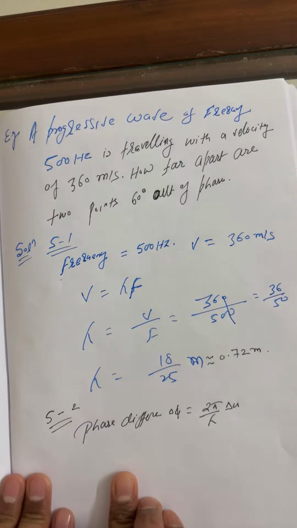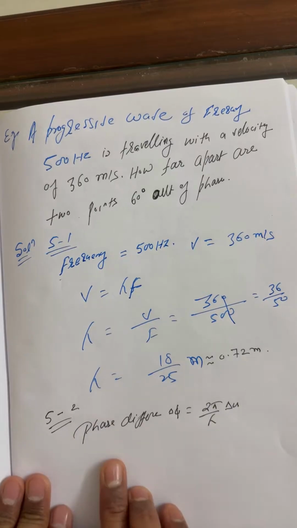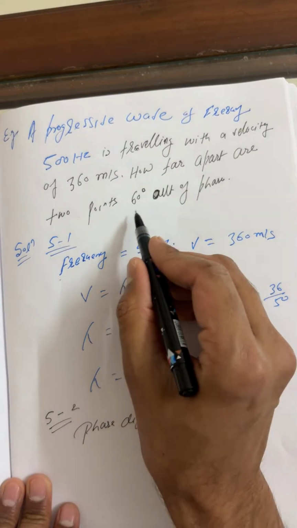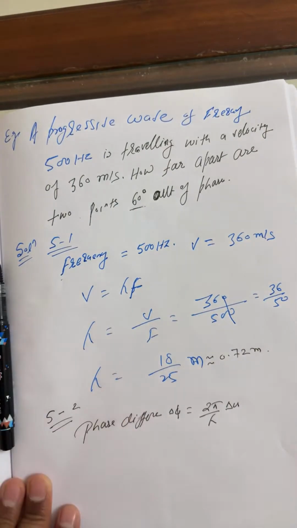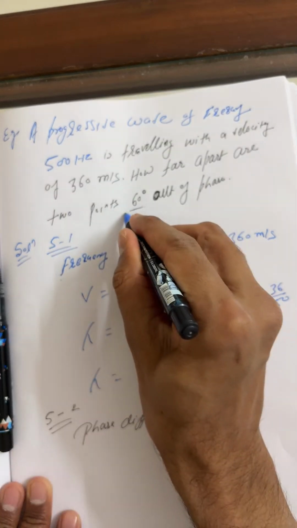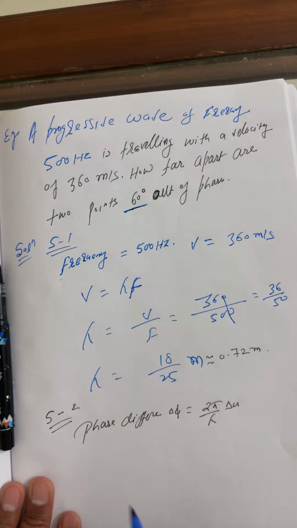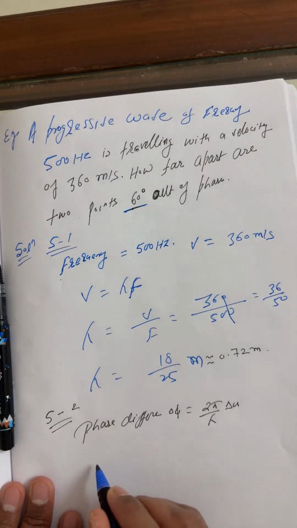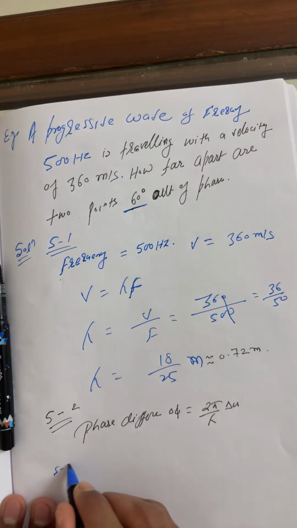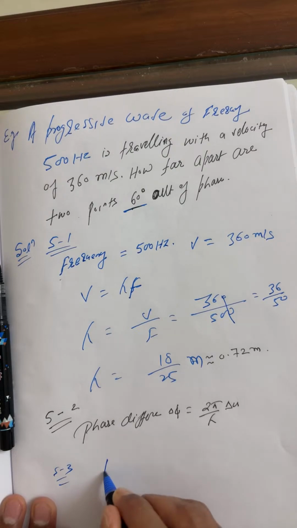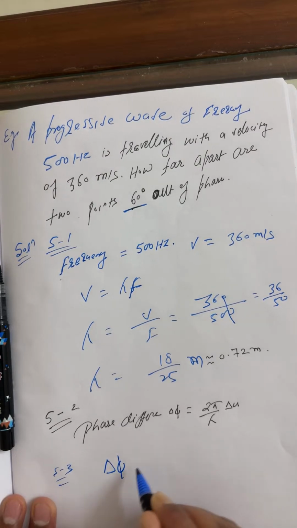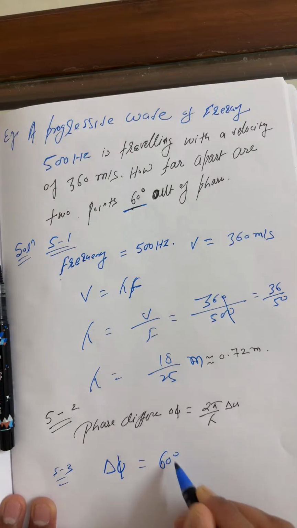So in these questions, the phase difference is already mentioned: 60 degree. So first we have to find the phase in step 3. Delta phi is 60 degree.